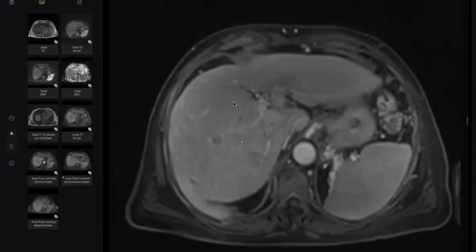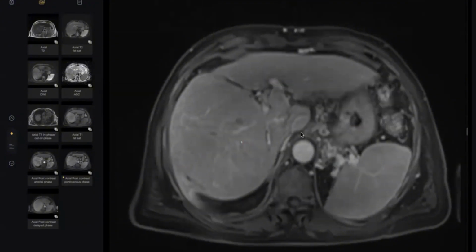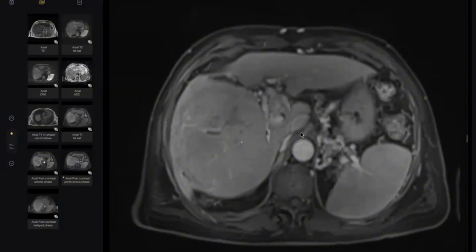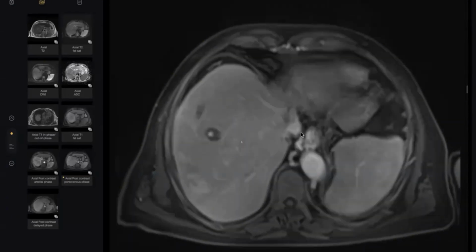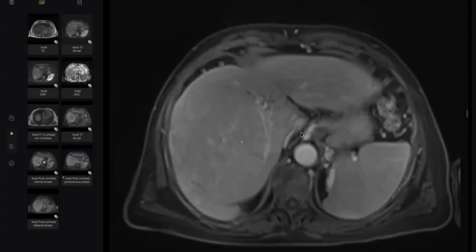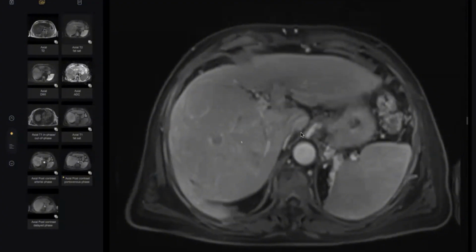It has the same enhancement as the hepatic parenchyma, not lower than the hepatic parenchyma. So it's less enhanced, but it doesn't show washout. But the central scar appears washed out, doctor. Washout is compared with the arterial. Is the contrast decreased here or persistent in comparison to arterial? There is less contrast enhancement.